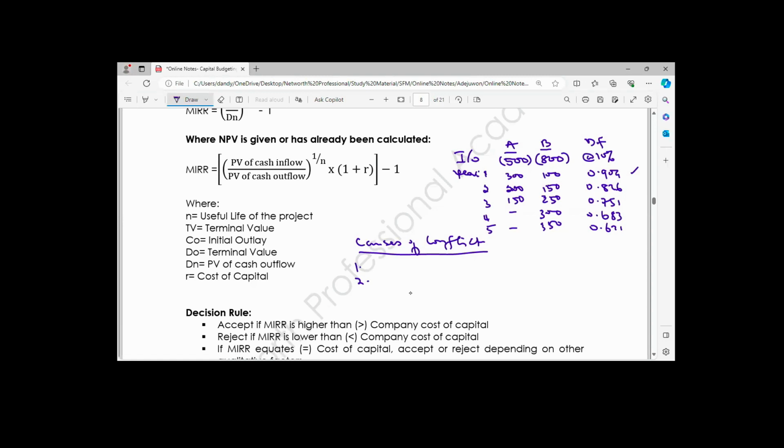Then number three cause of conflict between NPV and internal rate of return is where there's a difference in useful life.